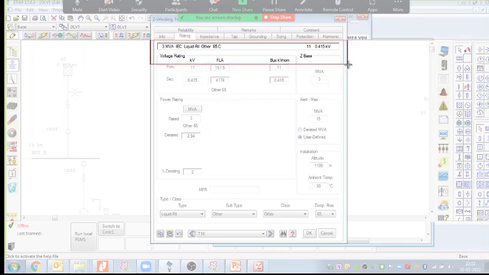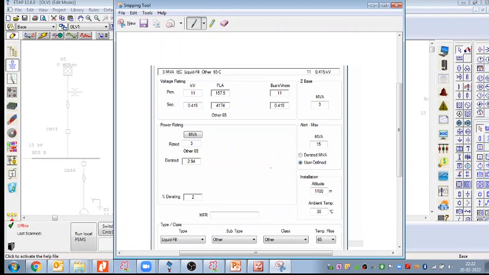ETAP is the best tool to support my statement. Otherwise, if I say this without simulations, you may trust or you may not trust. But here we can see that as I increase my height by each 100 meter, each 100 meter derates the equipment performance by 2%.